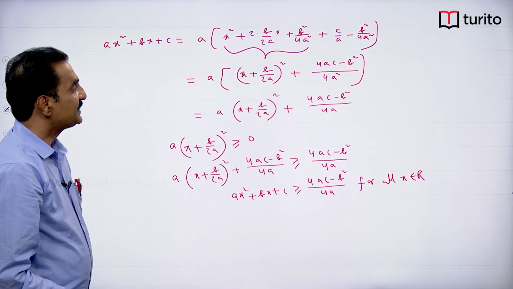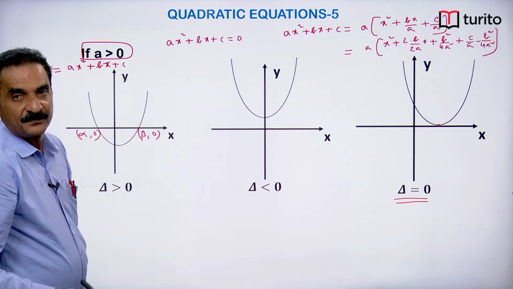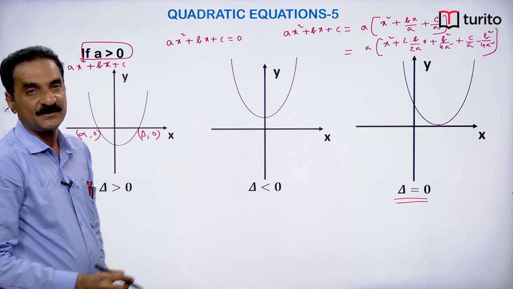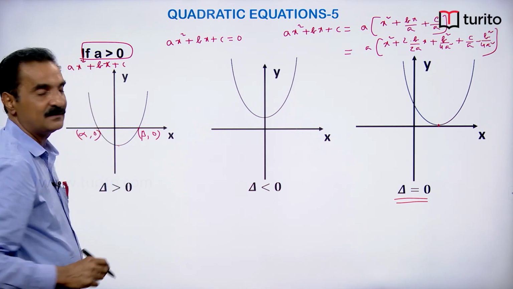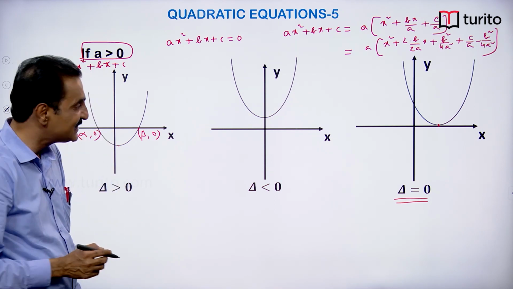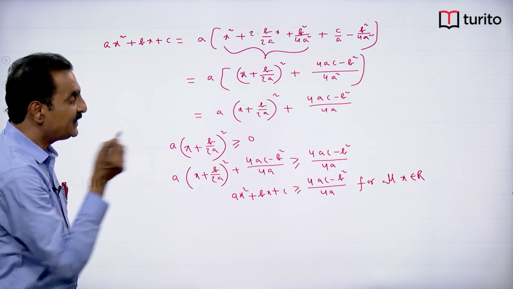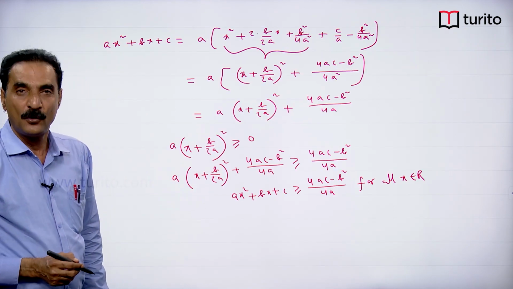So, if you take the graphs, in all these three positions, the minimum value of y or the quadratic expression is given by 4ac minus b square by 4a.